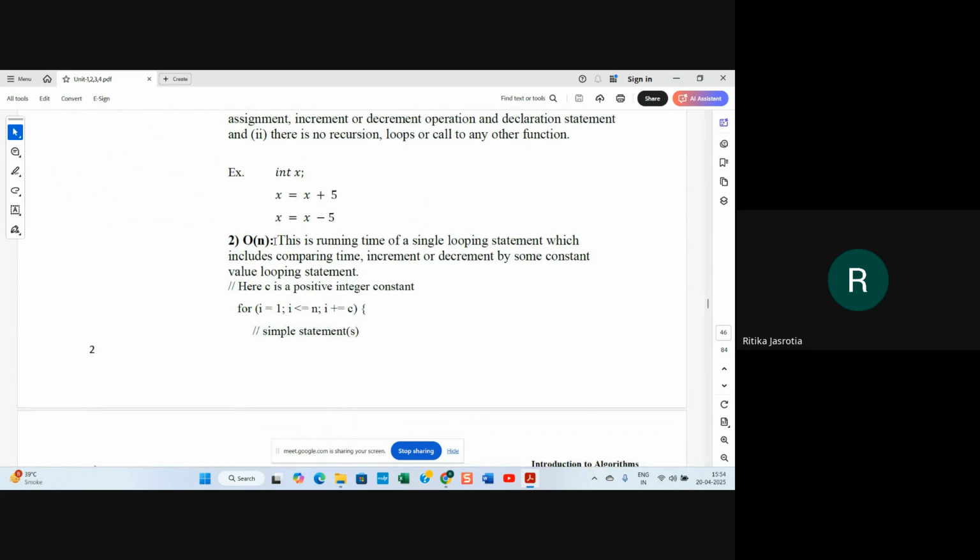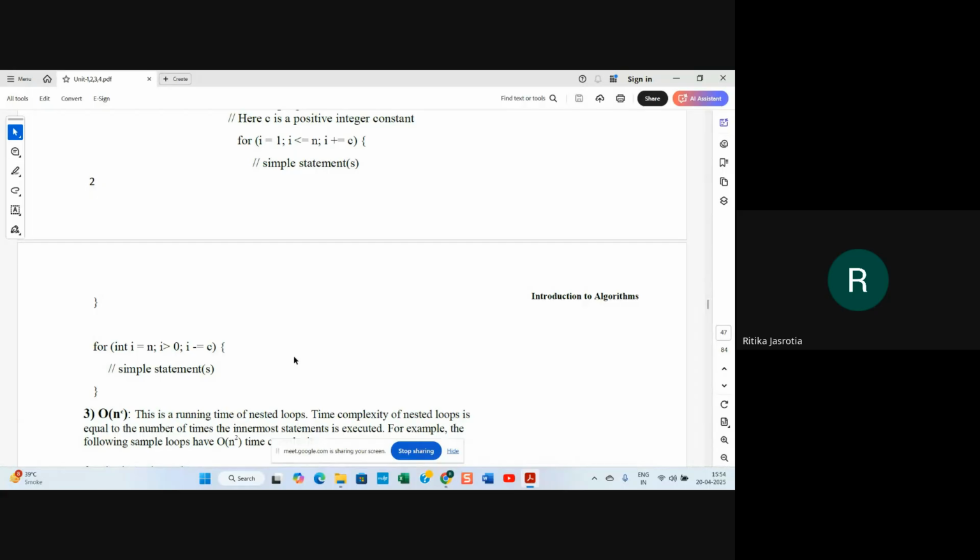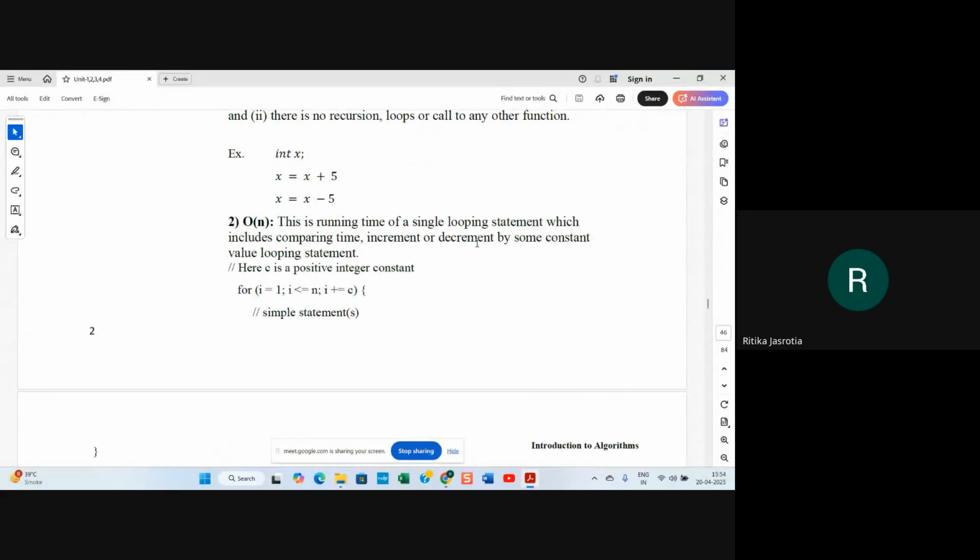Then O(n) is the running time of a single looping statement, which includes comparing, and incrementing or decrementing by some constant value, like a for loop: for i = 1, i less than or equal to n, i += c. So this is O(n) running time, linear running time for a single loop.